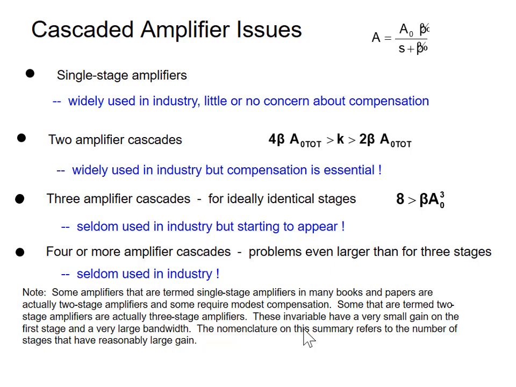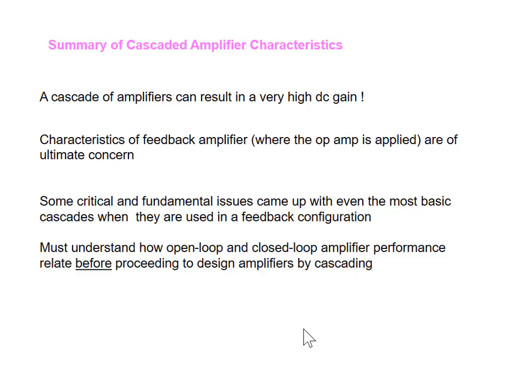These invariably have a very small gain on the first stage and a very large bandwidth on the one stage. So they behave much more like a single stage amplifier, and that's probably why they're classified as single stage amplifiers. I don't think it's particularly confusing. It doesn't bother me much. I just want to point out that some of those structures are really two-stage amplifiers.